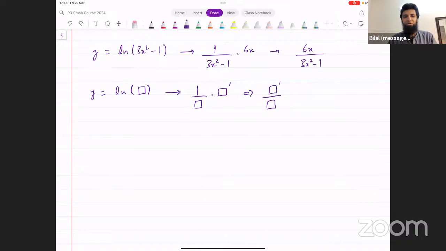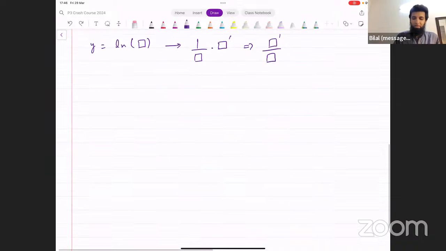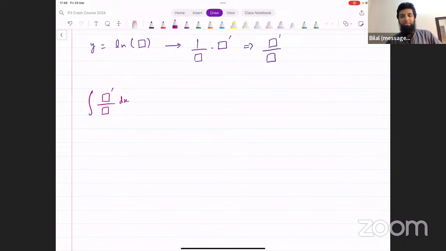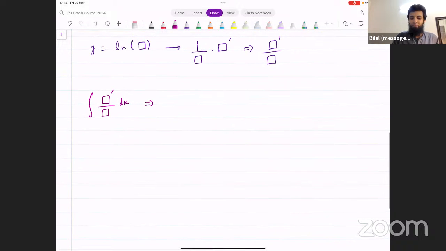Now, since integration is the opposite of differentiation, you can say if you have a fraction of this form, what form? You have an expression in the numerator. Now it could be any expression. If numerator is the derivative of the denominator, what is the integration of that going to be?